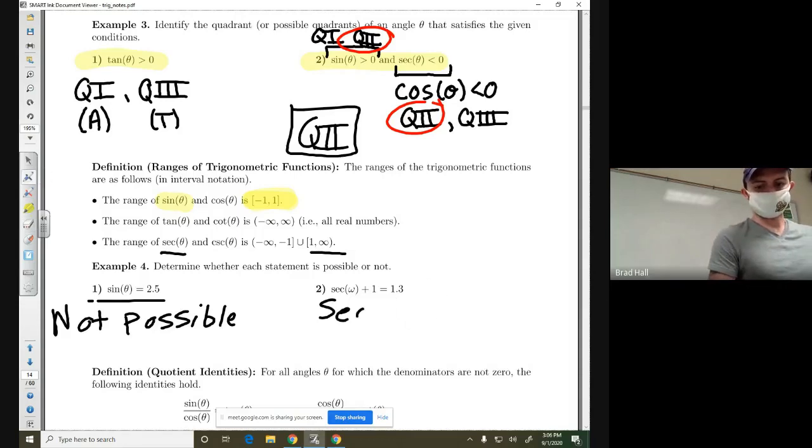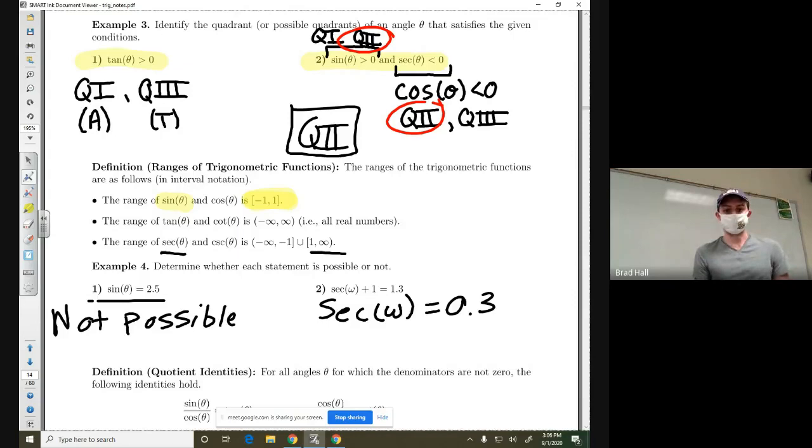So this is the same thing as secant of omega, or fancy W for Greek. So combining the like terms, you would get secant of omega is 0.3. And then you ask yourself, can that happen? The answer is no, because the range has to be either less than -1 or greater than 1, according to this condition up here. So this is not possible either.